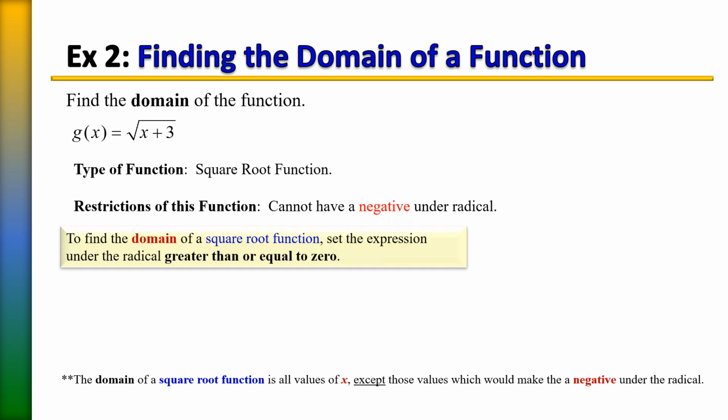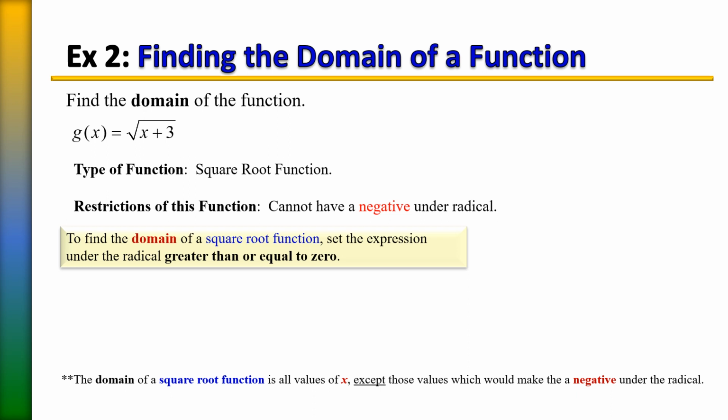Again, the reason we're setting it to greater than or equal to 0 is because we can have 0 under the radical and anything greater, but you cannot have negatives under the radicals because that would be a non-real solution.